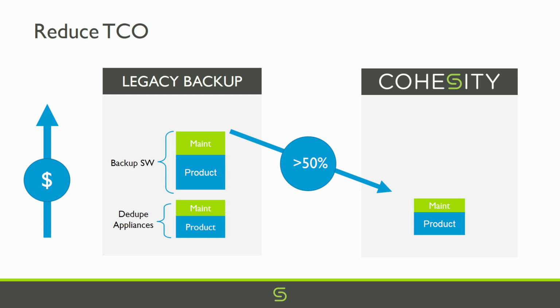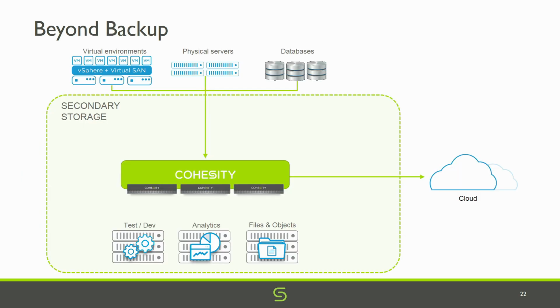That's way more expensive than what people are spending on primary all-flash storage. Why are we spending more money on backups than on primary production all-flash storage? It makes no sense. And we can come in with a solution that's just a lot more efficient. In the vast majority of cases, we're looking at 50% TCO savings and higher. We've seen numbers as high as 80% TCO savings on backups, right? Just because it's so expensive today.